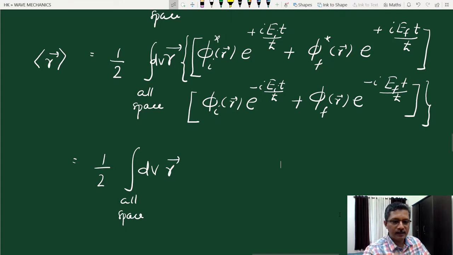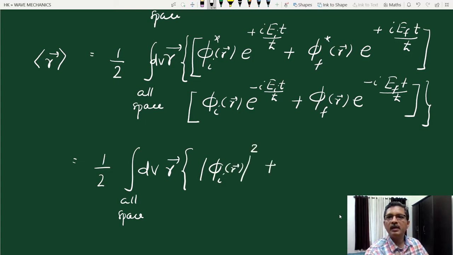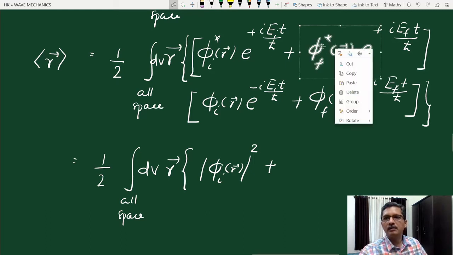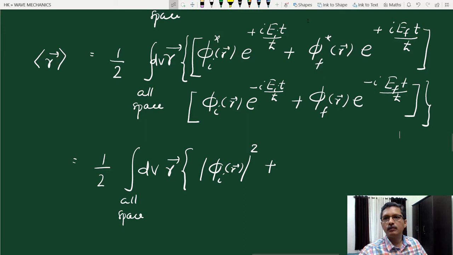So this I can write as mod phi I square. Similarly, when you multiply this term phi f star e raised to I E f t by h cross with phi f e raised to minus I E f t by h cross, again the exponential terms will cancel. We get phi f star phi f, or we can write this as mod phi f square.